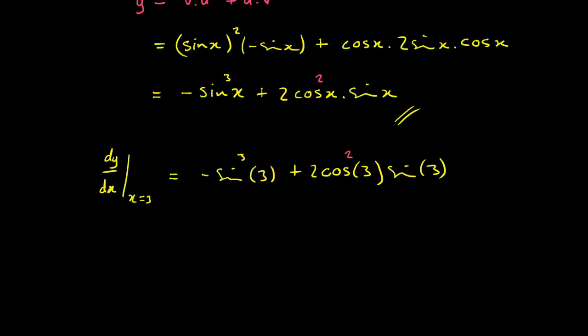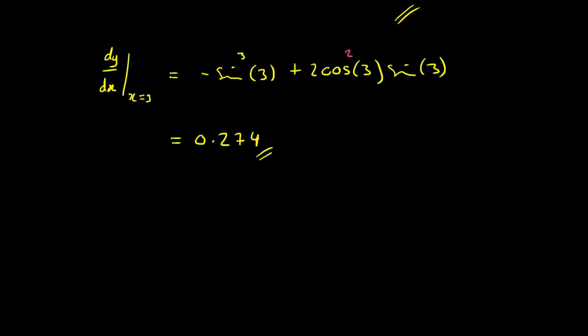So 2 bracket cosine 3 close bracket all squared times by sine 3. Right, now if I do that, I get 0.274. Okay. I can't remember if they want it to 3 significant figures or 2 decimal places or whatever, but I'll just leave it like that for the time being.